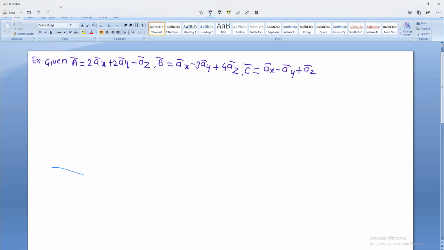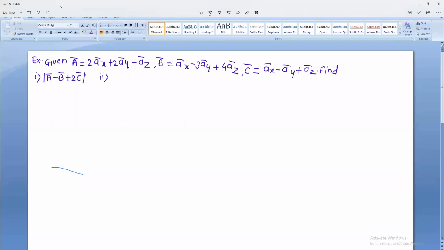Now the questions are: find first, mod of a bar minus b bar plus 2c bar.